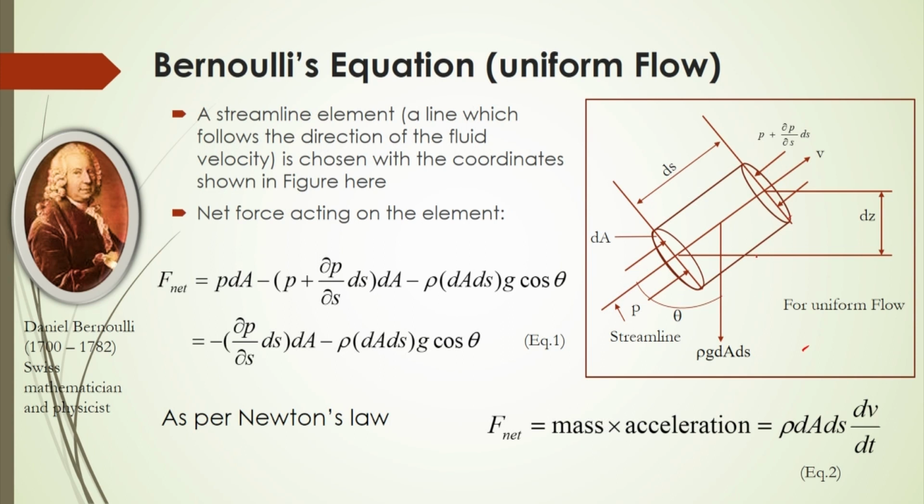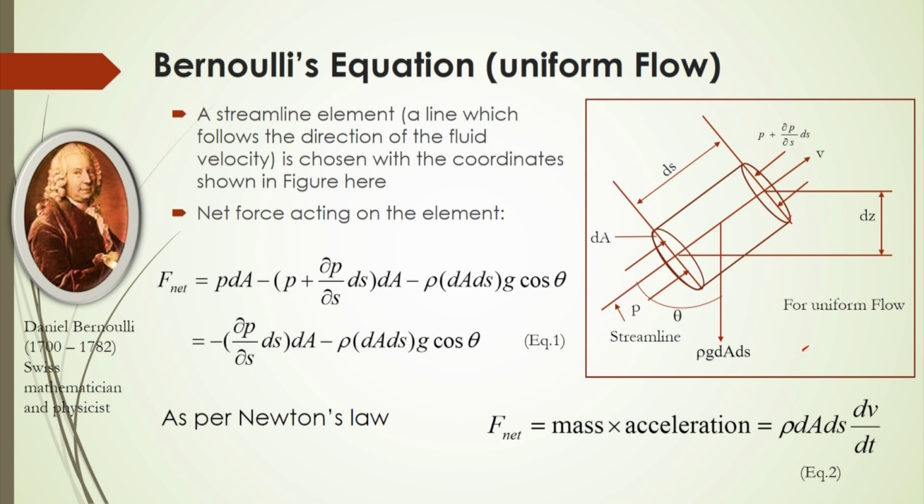Here the flow is in the v direction, at a certain angle with the horizontal. So, there is a pipe flow, where the pipe is inclined at an angle theta and the liquid flows through it.